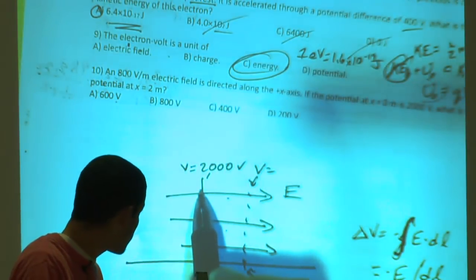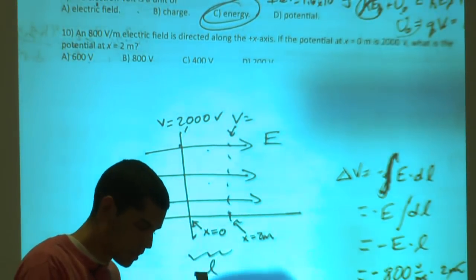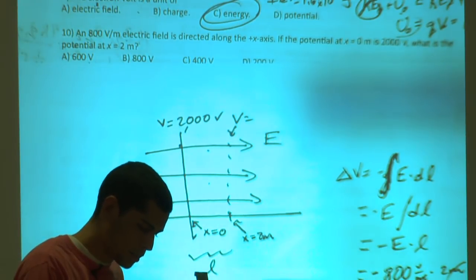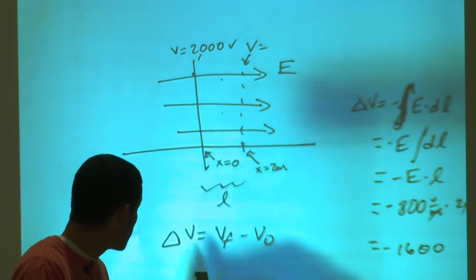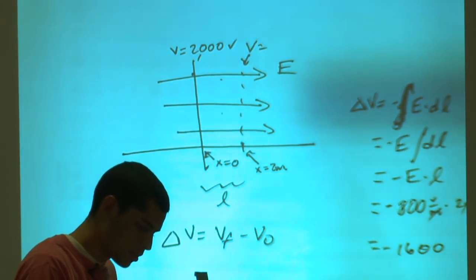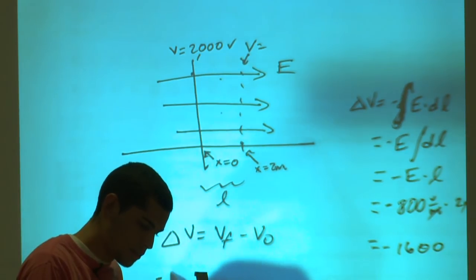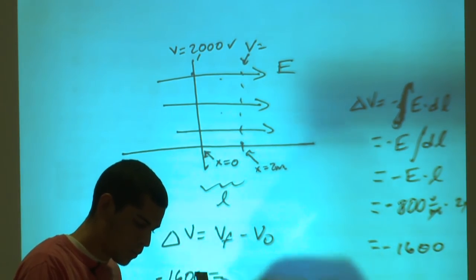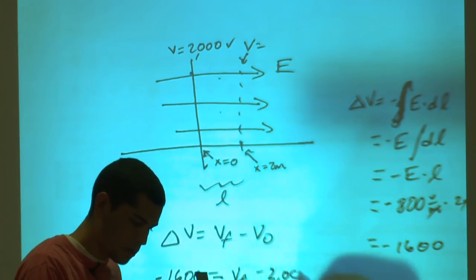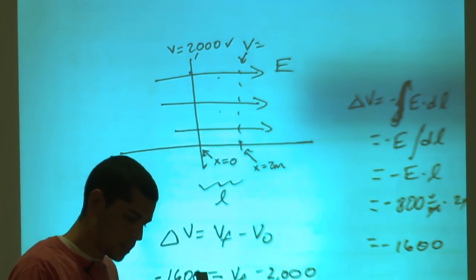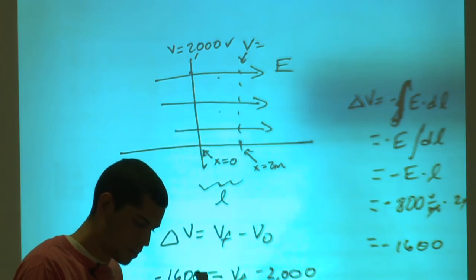Our change in potential is equal to our potential final minus potential initial. We know our initial potential is 2,000. So negative 1,600 equals potential final minus 2,000. Thus, our potential final is equal to 400.